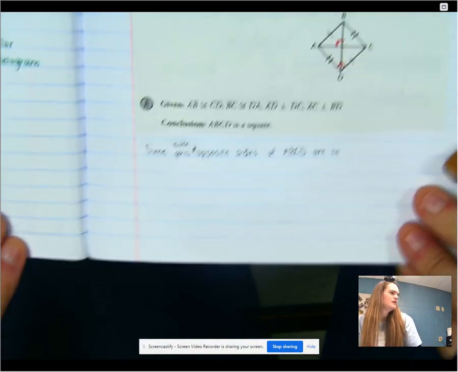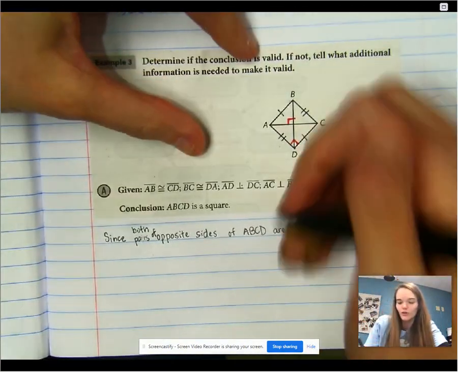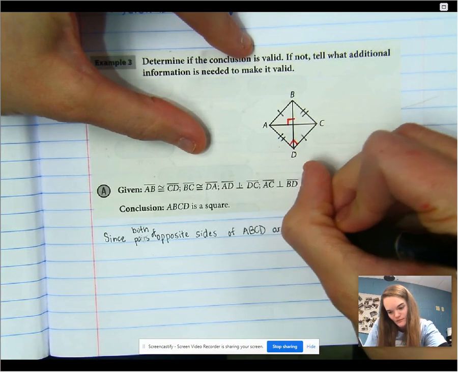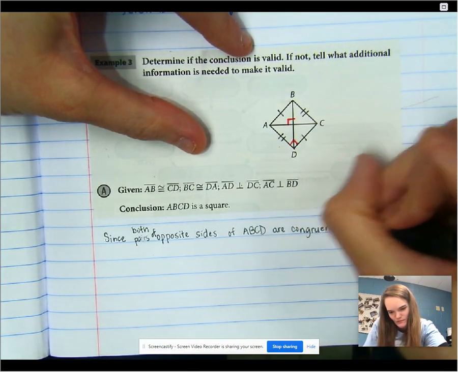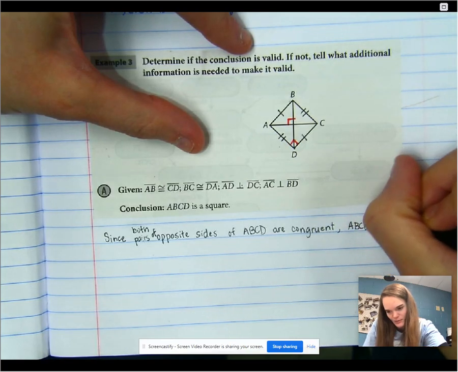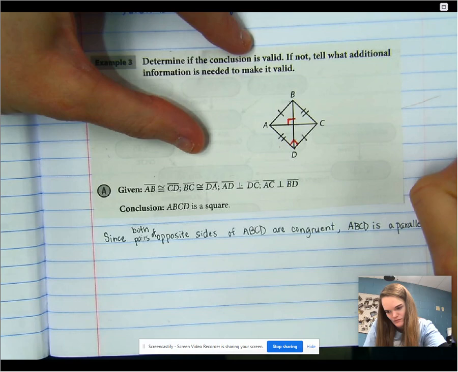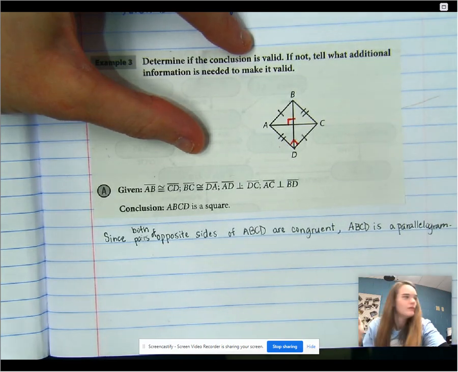Sorry, let me move this because this is hanging off and it's driving me nuts. There's the first part.